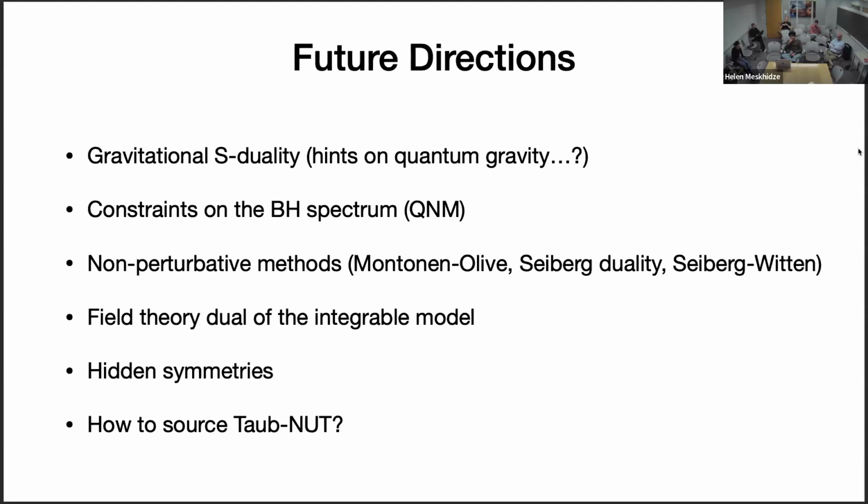Can we use duality to constrain the black hole spectrum, like it constrains the spectrum of the dyonic system? And then a further question is whether we can use non-perturbative methods, like has been done in supersymmetric field theories. And yeah, I think I'll end here. Thank you.